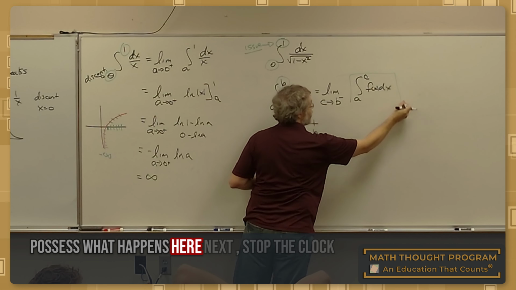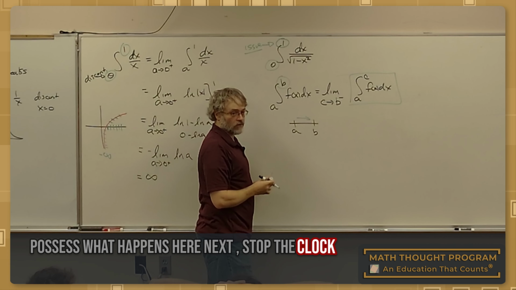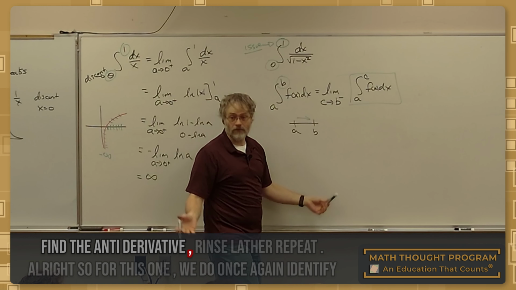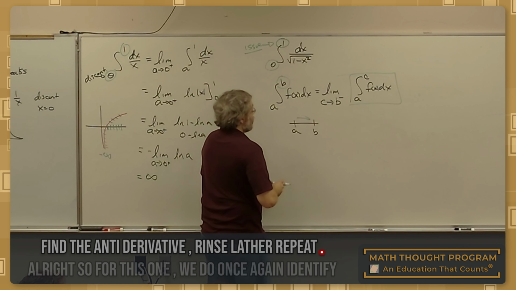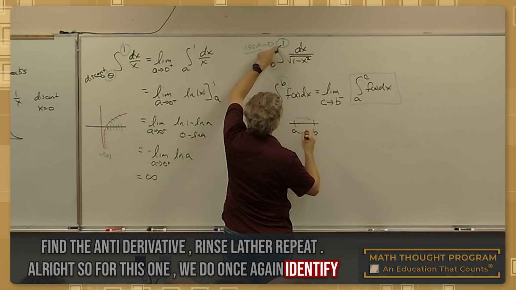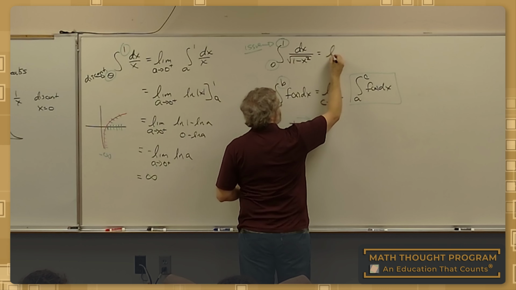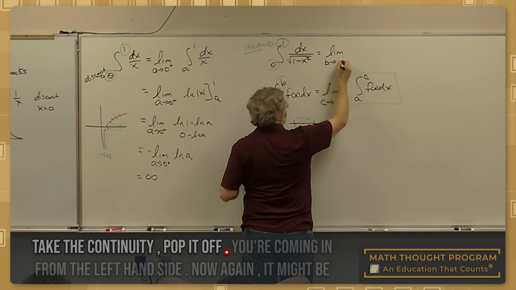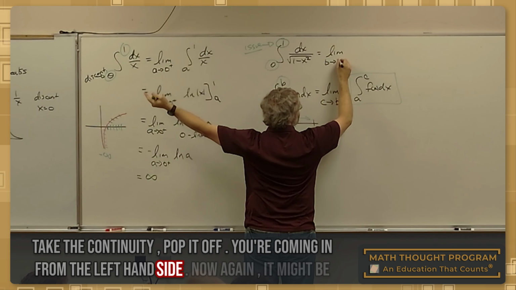Assess what happens here next. Stop the clock. Find the antiderivative. Rinse, lather, repeat. All right, so for this one, we do, once again, identify the discontinuity. Take the discontinuity, pop it off. You're coming in from the left-hand side.